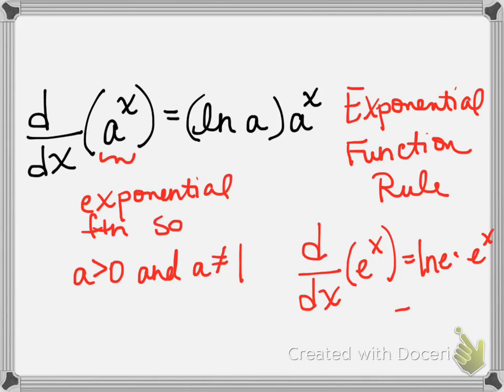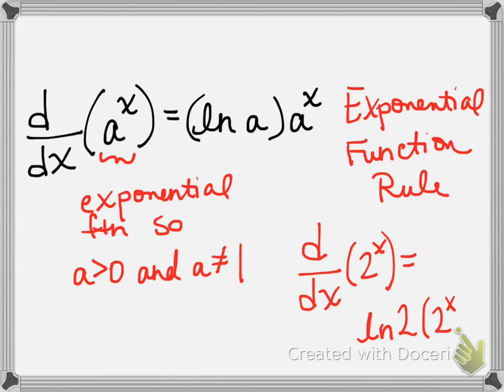Instead, if we wanted to take the derivative of 2 to the x, which was on our last slide, the derivative of 2 to the x is the natural log of 2 times 2 to the x. Section 3.2 talks about why this is.